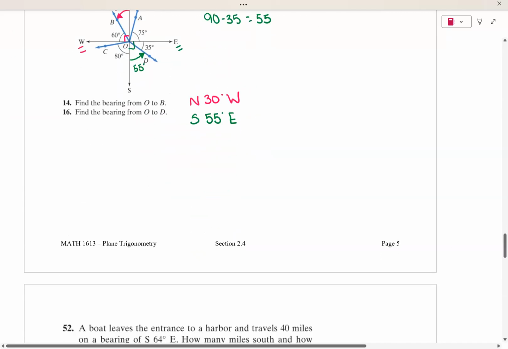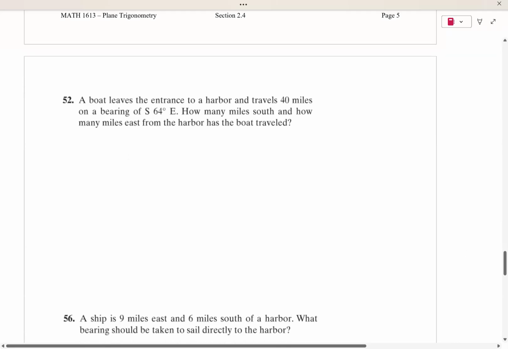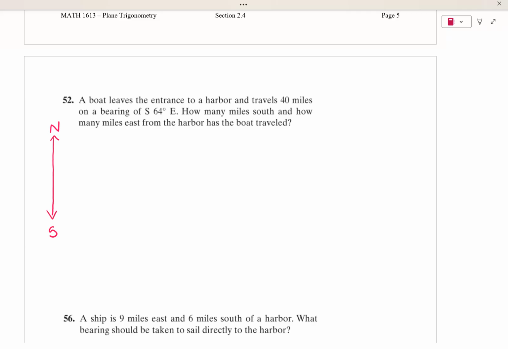Okay, so let's go look at some word problems. A boat leaves the entrance to a harbor and travels 40 miles on a bearing of south 64 degrees east. So let's think about it. We have our north and we have our south line.